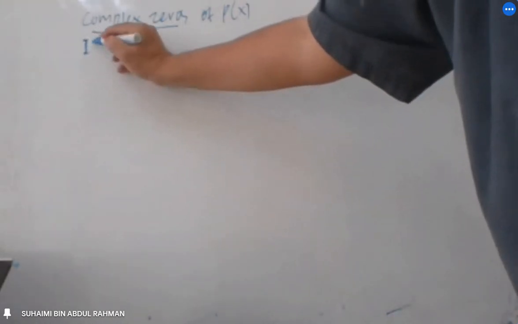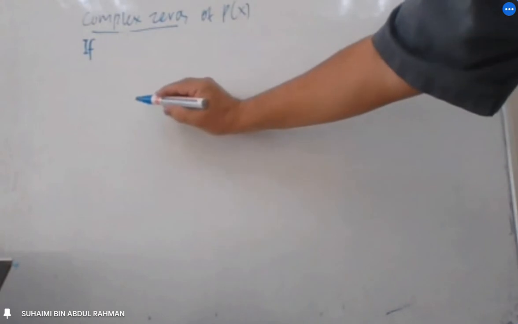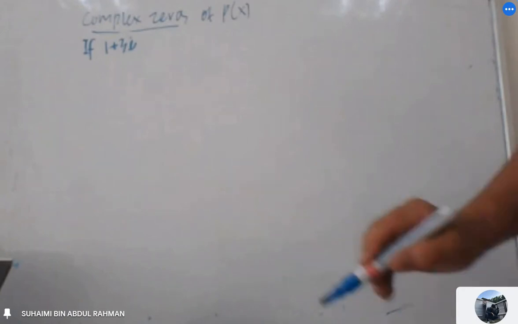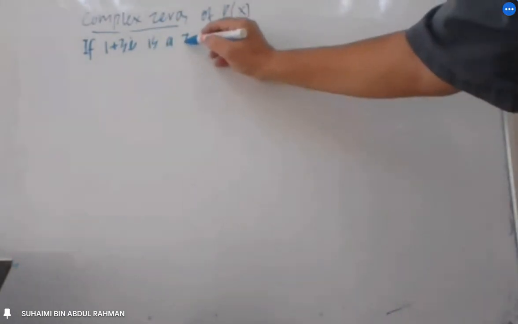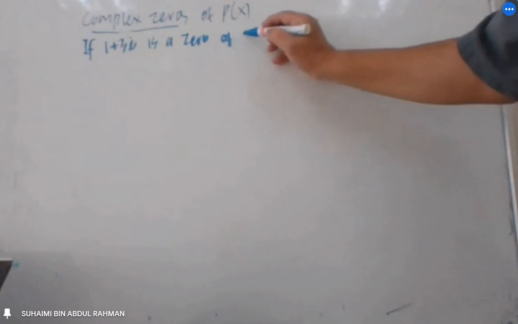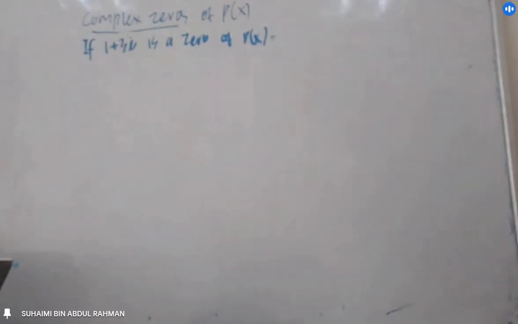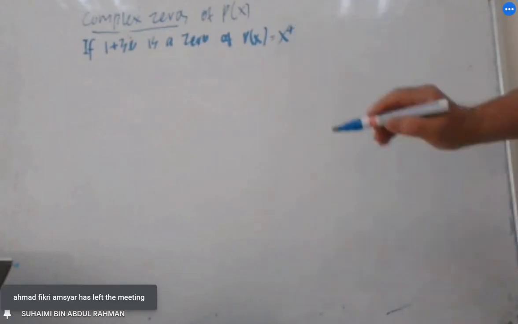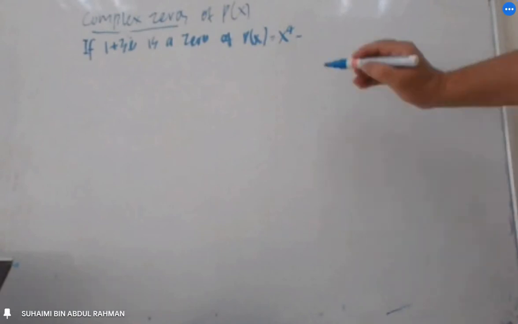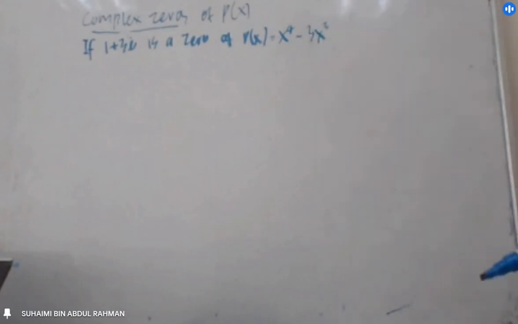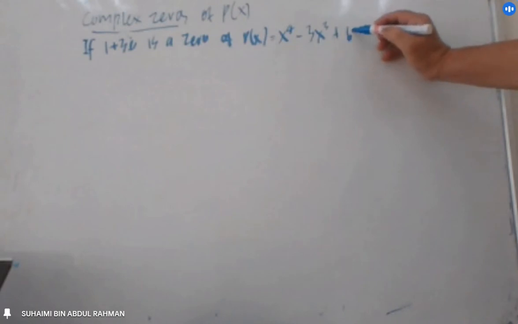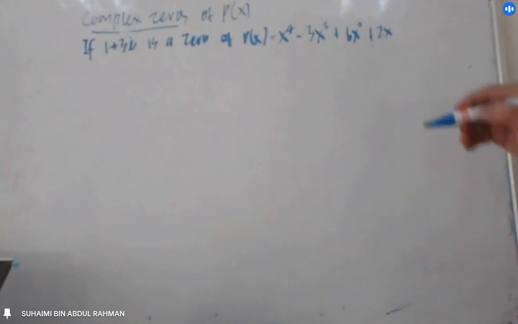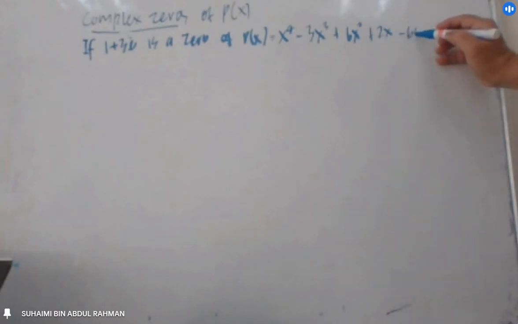If 1 plus 3i is a zero of polynomial p(x), which is x to the power of 4 minus 3x to the power of 3 plus 6x to the power of 2 plus 2x minus 60.